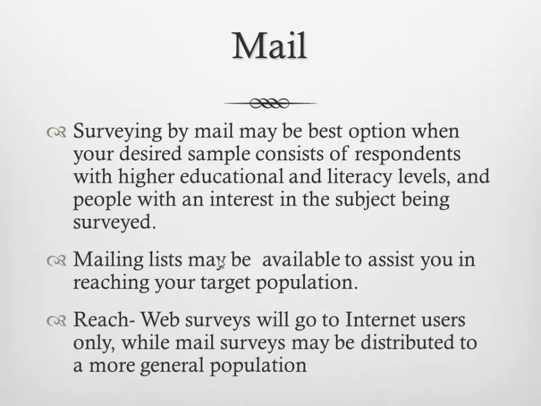So frequently there will be some sort of list. For example, agencies and advocacy groups sometimes have mailing lists that they use to keep in touch with their members. And sometimes as a researcher or program evaluator, you will be able to access those mailing lists and they can be very helpful in reaching your target population.